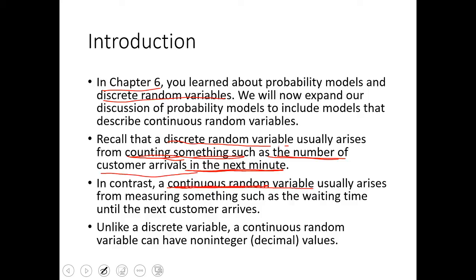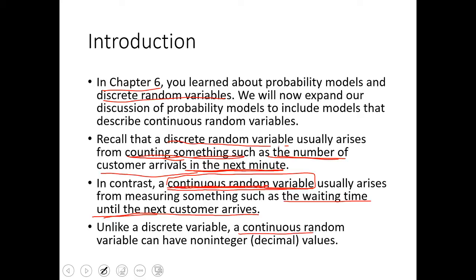It is not countable. For example, if we would like to model the waiting time until the next customer arrives, it is not represented by one single value. So in this case, we have to use a continuous random variable.